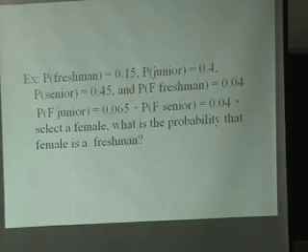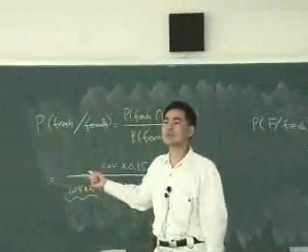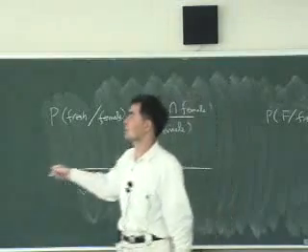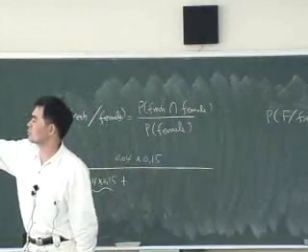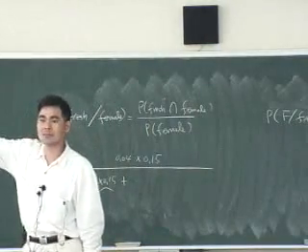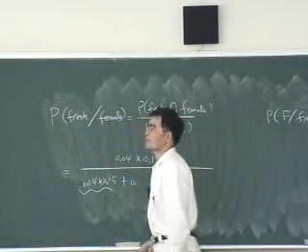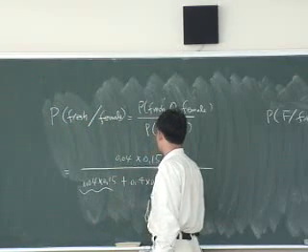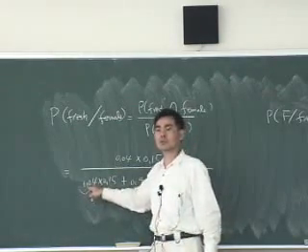So 0.04 times 0.15, this part is the female in freshman, right? What about the female in junior? The female in junior should be equal to 0.4 times 0.065, okay? So this is the female in freshman.